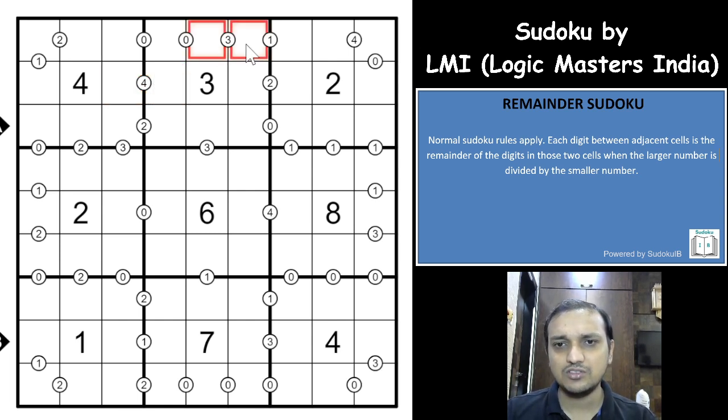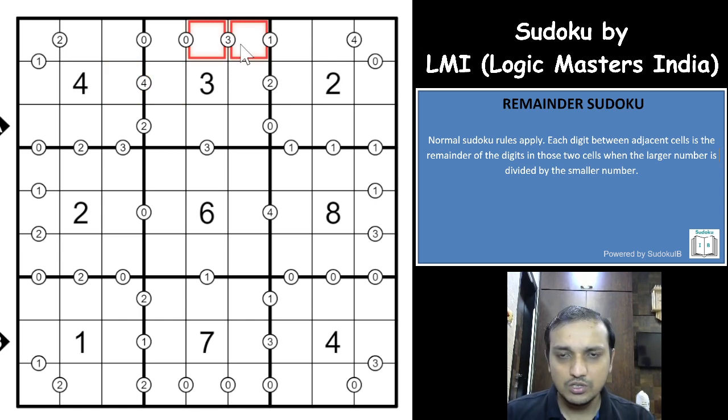Whenever you have a 3 given, you can never have 1, 2 and 3, because you will never get a remainder greater than the smaller number. That smaller digit divides the larger number, so you will never get a remainder that large. So whenever you have a larger digit clue, the digits smaller than it, and including it, will never be in these cells.